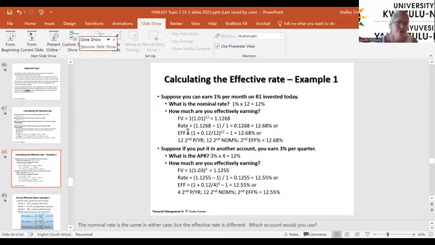But you could use the EFF formula, or the RE, to say that 1 plus 12% divided by 12 to the power of 12 minus 1 is your 12.68%.